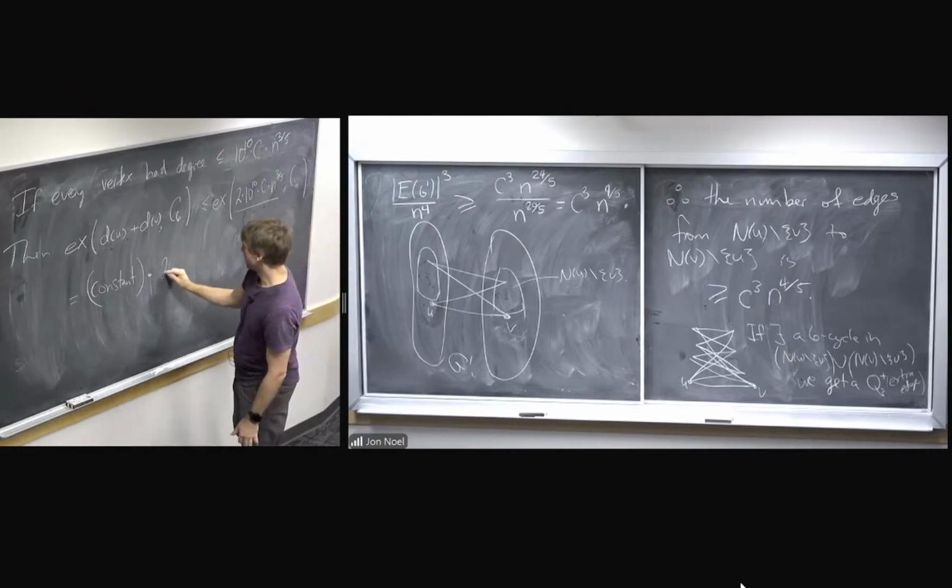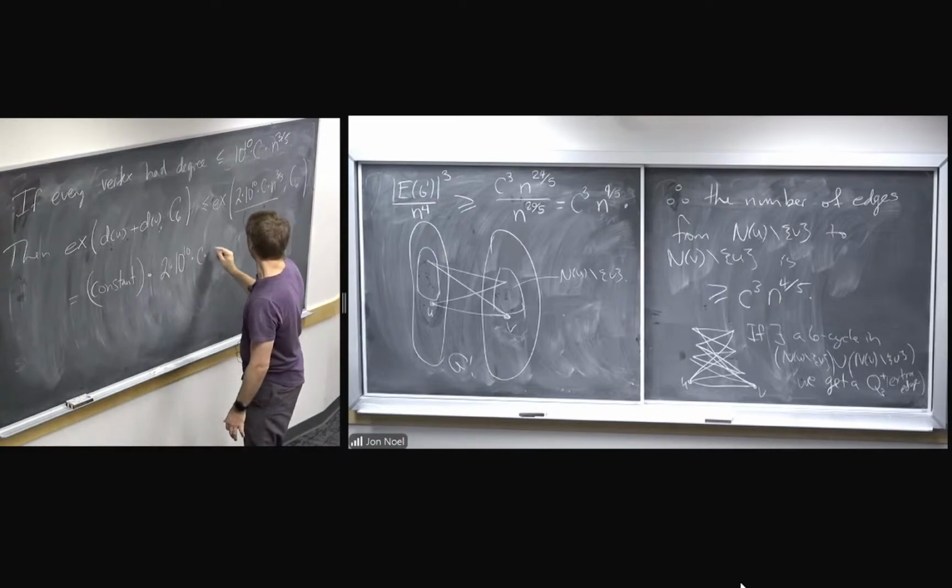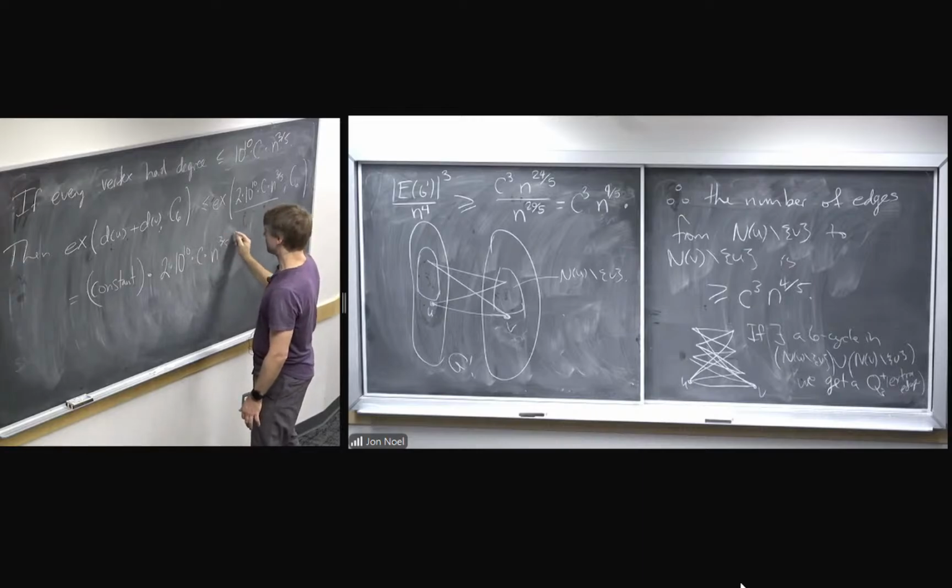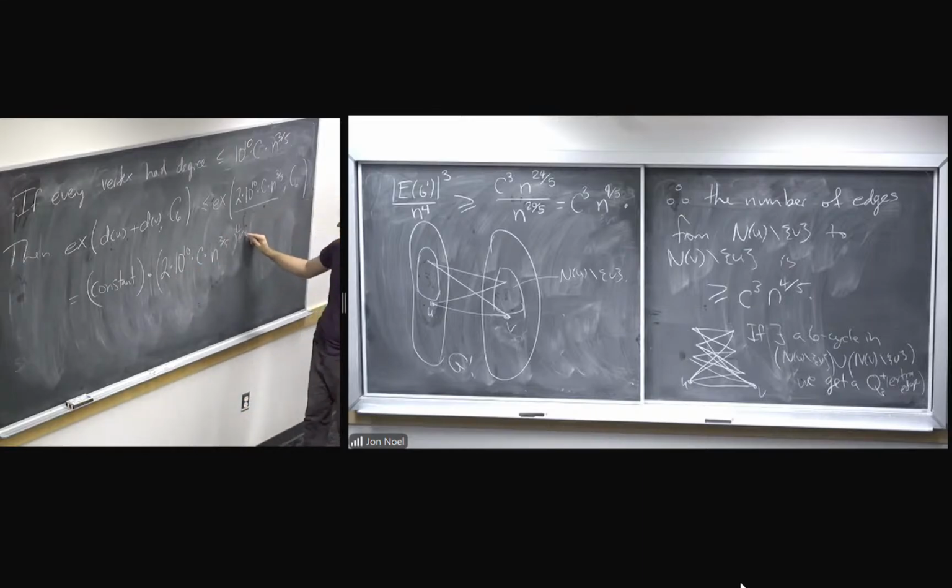So it's 2 times 10 to the 10 times c times n to the 3/5, all to the power 4/3, which is at most some other constant, that I can control with c. So constant times c to the 4/3 times n to the 4/5. And the relevance here is that this 4/5 is exactly the same number I got over there.